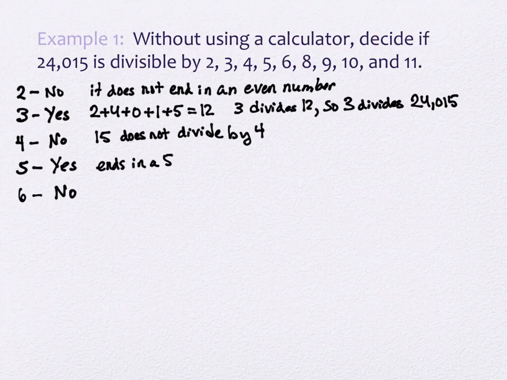So what's the divisibility rule for 6? It has to be divisible by 2 and 3, and RJ's exactly right. It doesn't divide by 2 because it wasn't even. It needs to divide by 2 and 3. That's the rule, but it doesn't divide by 2.